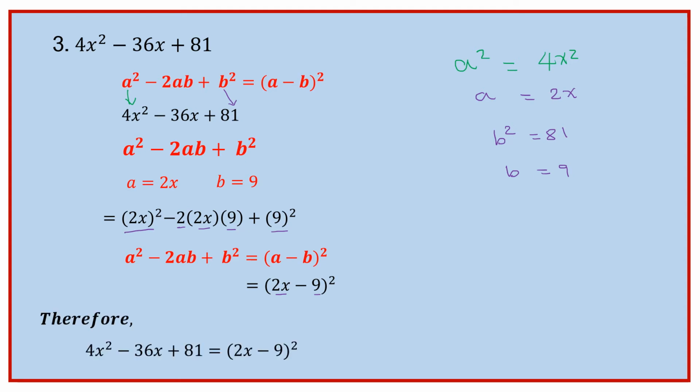So you can see that 4x squared minus 36x plus 81 equals (2x minus 9) squared.